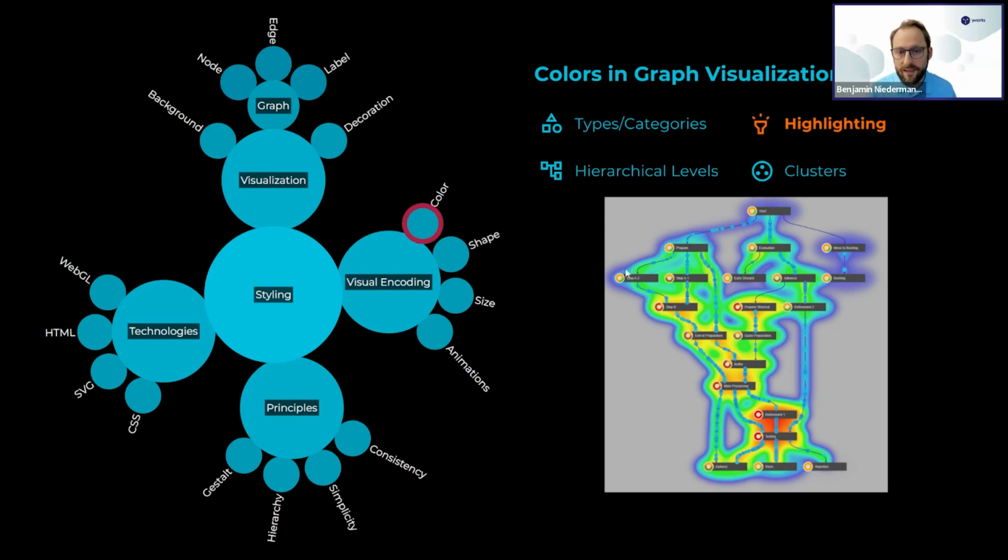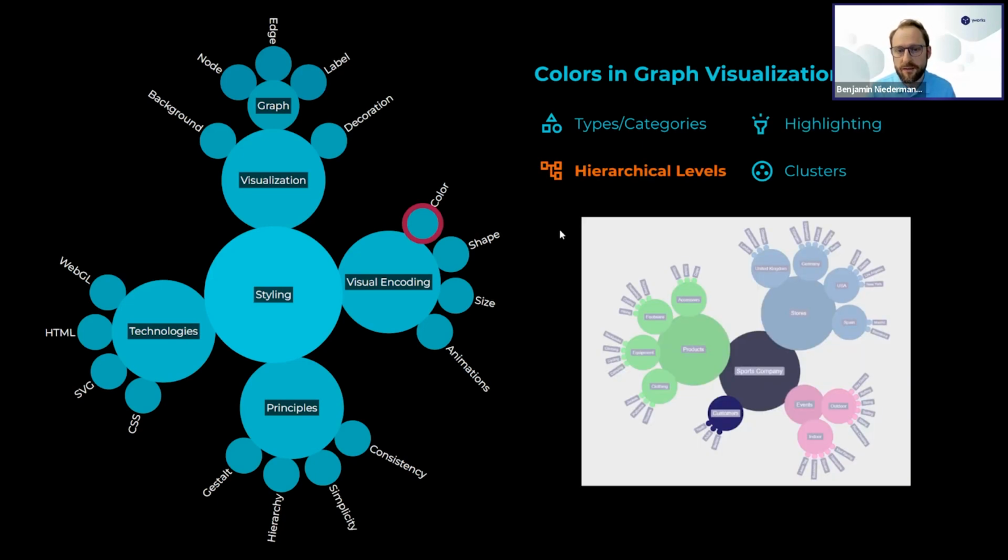So colors for highlighting, but what you can also do is use colors for hierarchical levels. So here in this case, I used colors for different types of nodes, so these four groups here and then this inner node, but I also used the brightness of the color in order to express the hierarchical level.